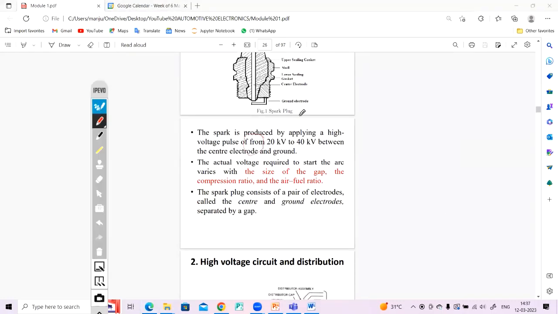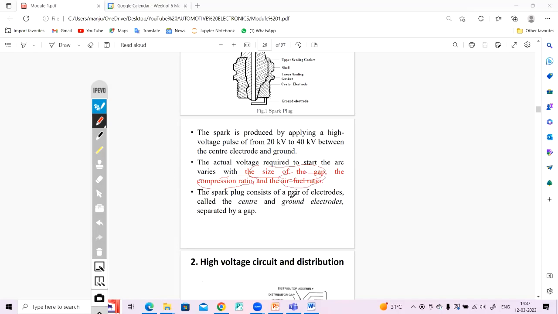The spark is produced by applying a high voltage pulse, from 20 kilovolts to 40 kilovolts, between the center electrode and ground. The actual voltage required to start the arc depends upon three parameters: the size of the gap, the compression ratio, and the air-fuel ratio.